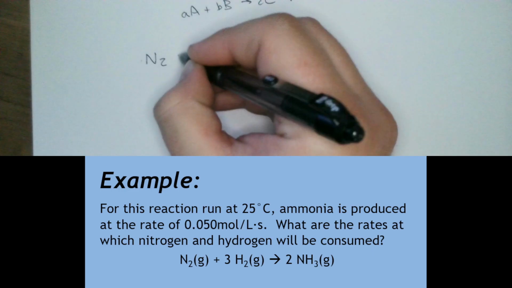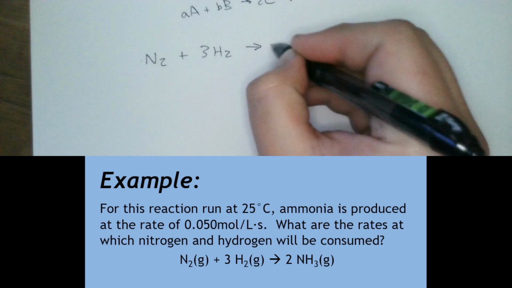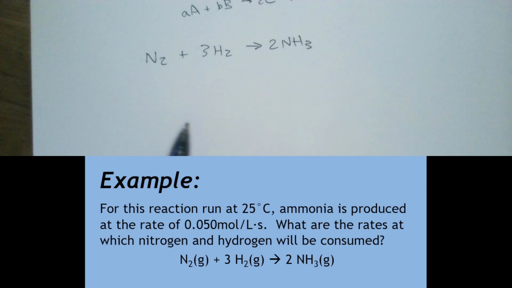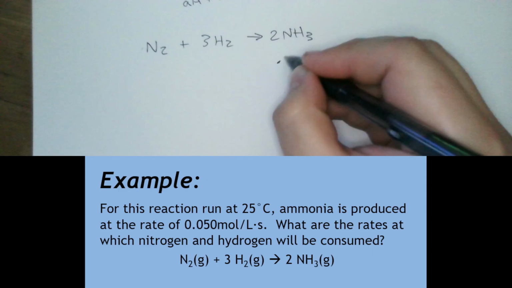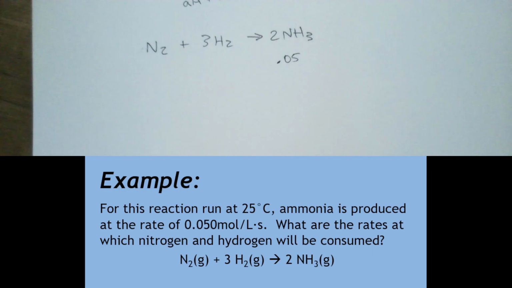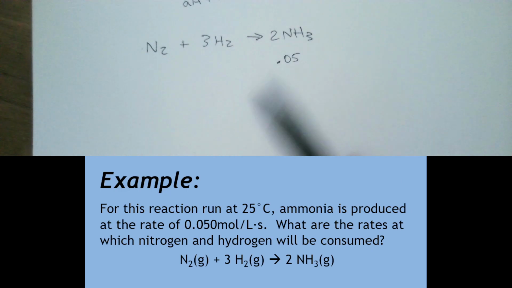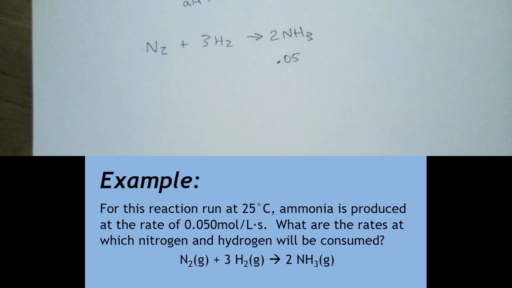So I have my N2, 3 H2s, gives me 2 NH3s. So my NH3 is being produced at a rate of 0.05. But there's a 2 here. And I keep in mind that 2 means every time one reaction happens, 2 of them are produced. My reactants over here are going to be used at the same ratios.